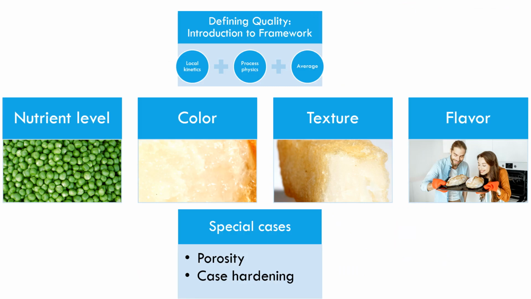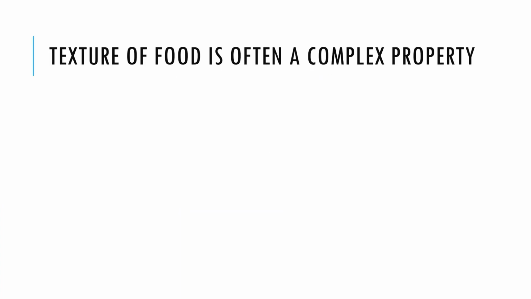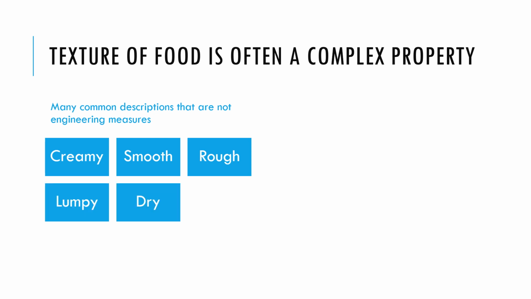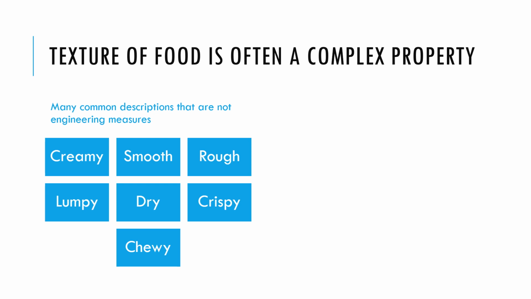Now let's look at how such a framework can be used for texture. Texture is a complex property, and many common descriptions of texture like creamy, smooth, rough, lumpy, dry, crispy, or chewy are obviously not engineering measures.